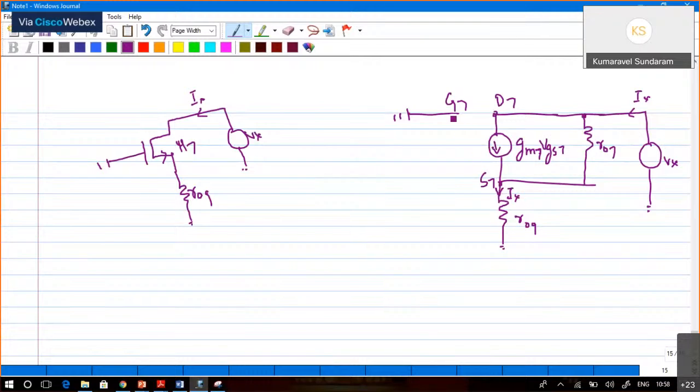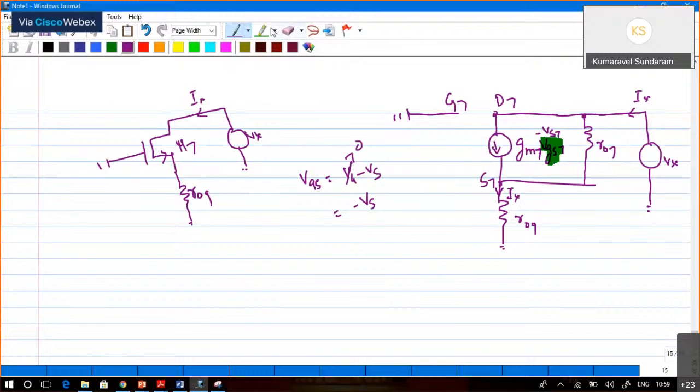So gate is ground. Gate is VGS. How can we write? VGS equal to VG minus VS. VG is 0, so it's going to be minus VS7. Okay.